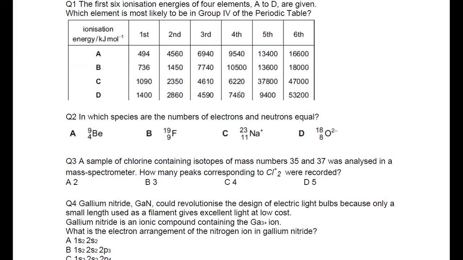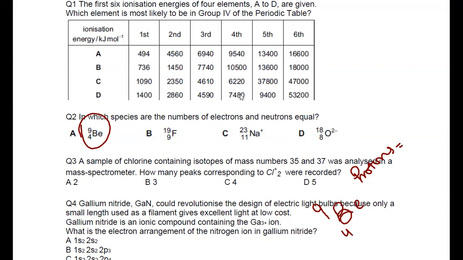In which species are the numbers of electrons and neutrons equal? We will go one by one. Okay. Let's start with this one, beryllium. Khadija, how many protons do I have in this? Tell me. Huh?